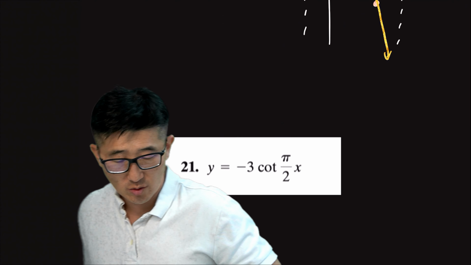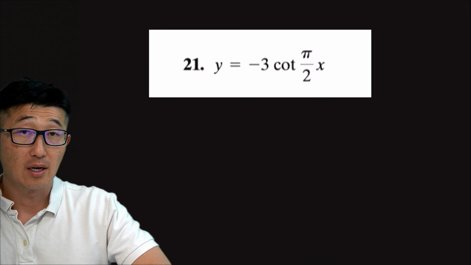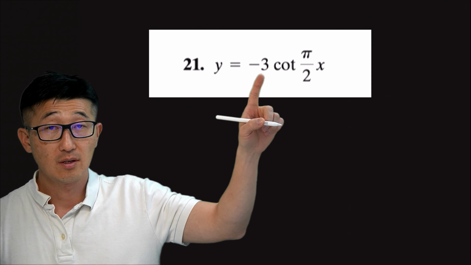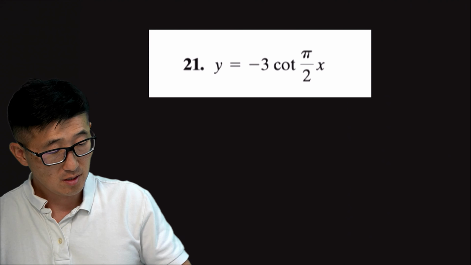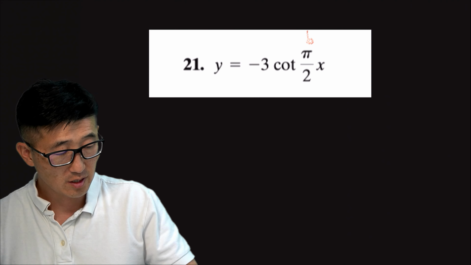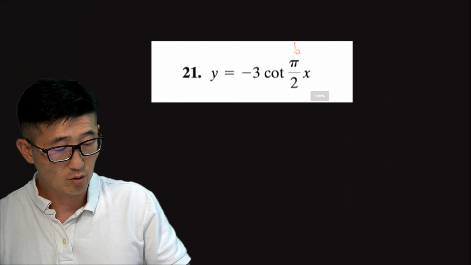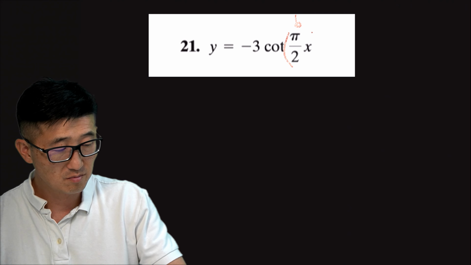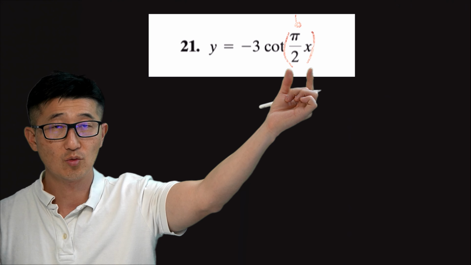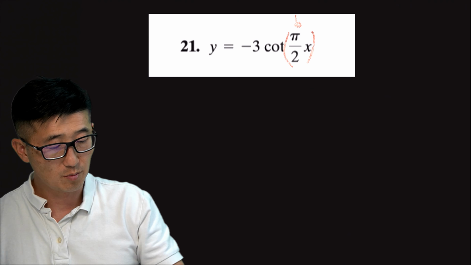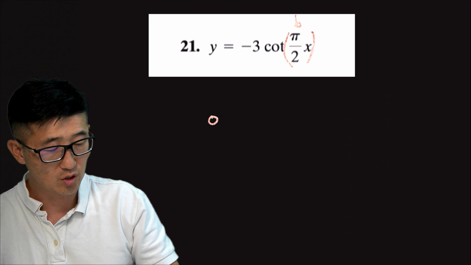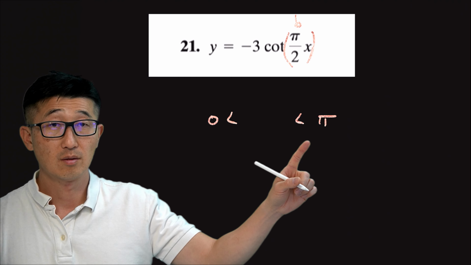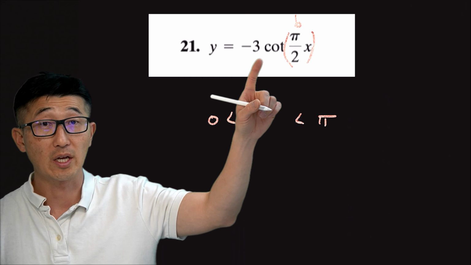Let's try some random ones. Keep this negative in mind right here. And this is my letter B, right? B is pi over 2. Again, take whatever's in that parenthesis with your cotangent and put it between 0 and pi.